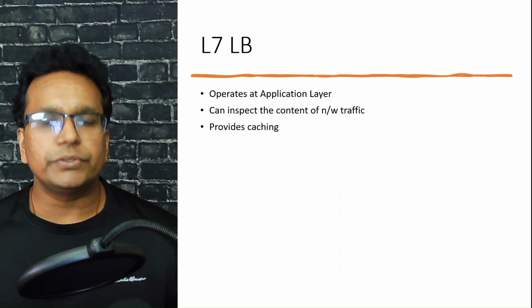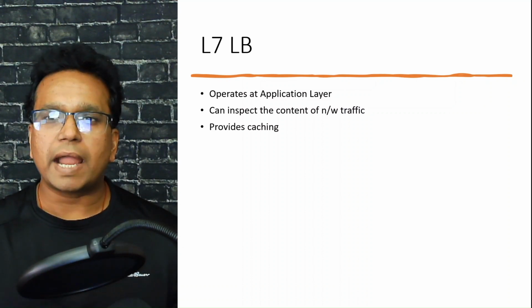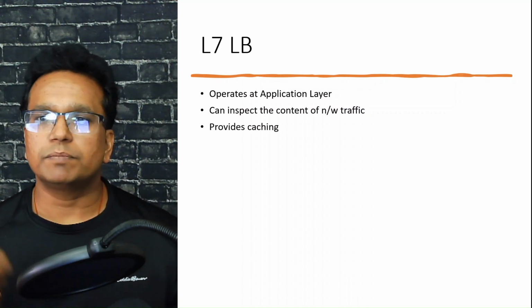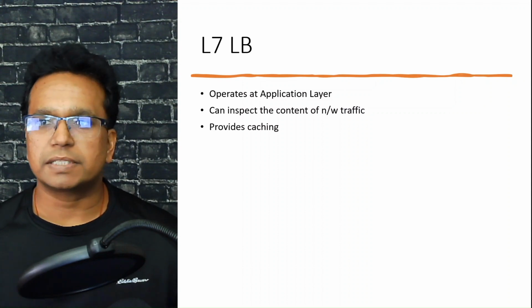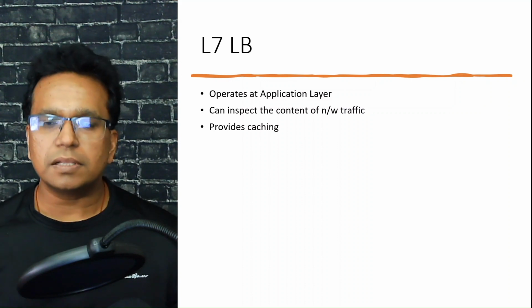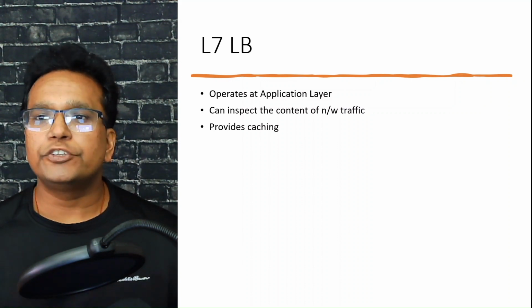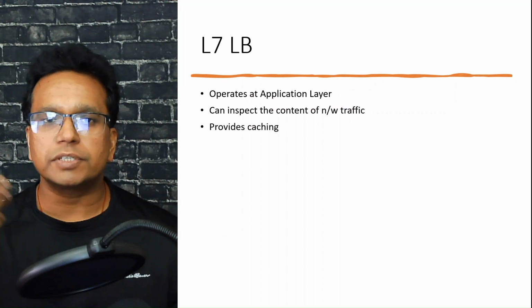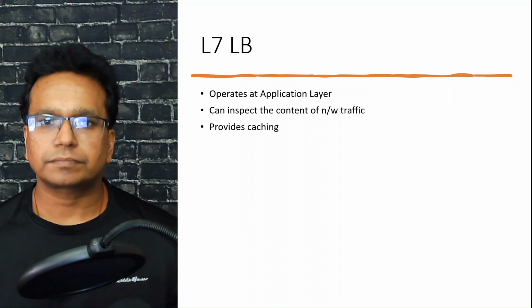Caching can be particularly useful for web applications that serve static content, like images, CSS files, JavaScript files. By caching this content at the L7 load balancers, the load on the backend servers can be reduced and users can enjoy a faster browsing experience.